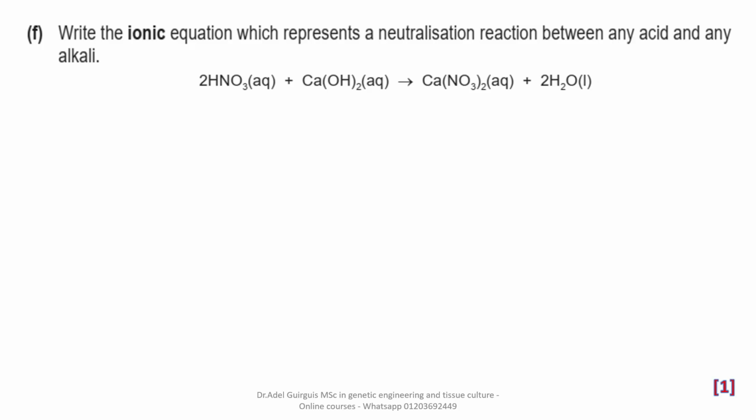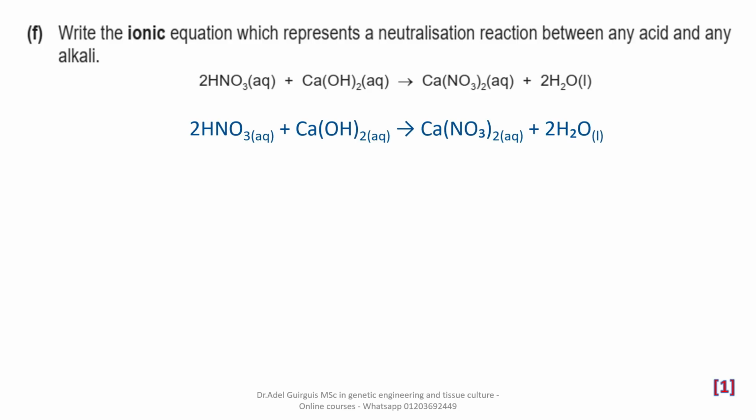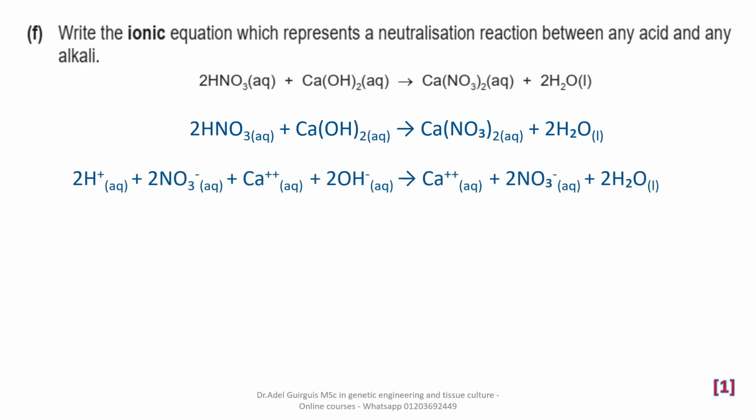This is the definition of neutralization: reaction between an acid and an alkali to form salt and water. Let's analyze this equation step by step. The same equation, 2 moles of nitric acid dissociate into 2 moles of protons and 2 moles of nitrate ions. 1 mole of calcium hydroxide dissociates into 1 mole of calcium ions and 2 moles of hydroxide ions.